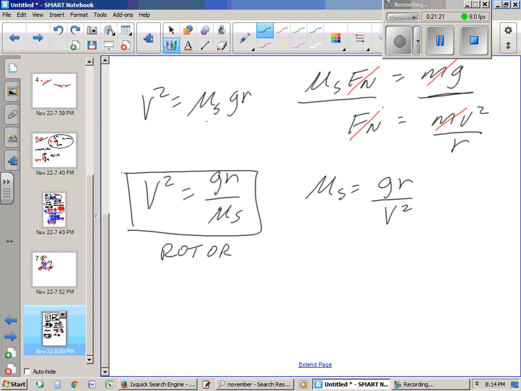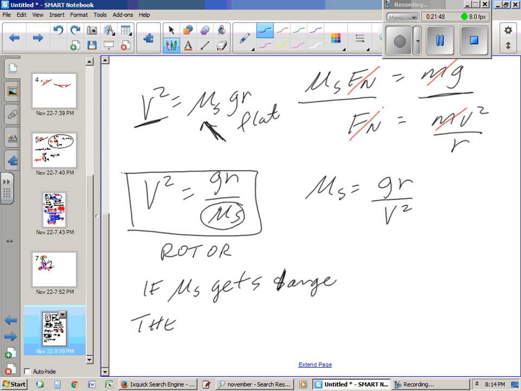If we had a higher coefficient of friction on the flat track, the car would be able to go faster. If we had a higher coefficient of friction on the rotor, what would happen? If mu static gets larger, then v doesn't have to be as fast.